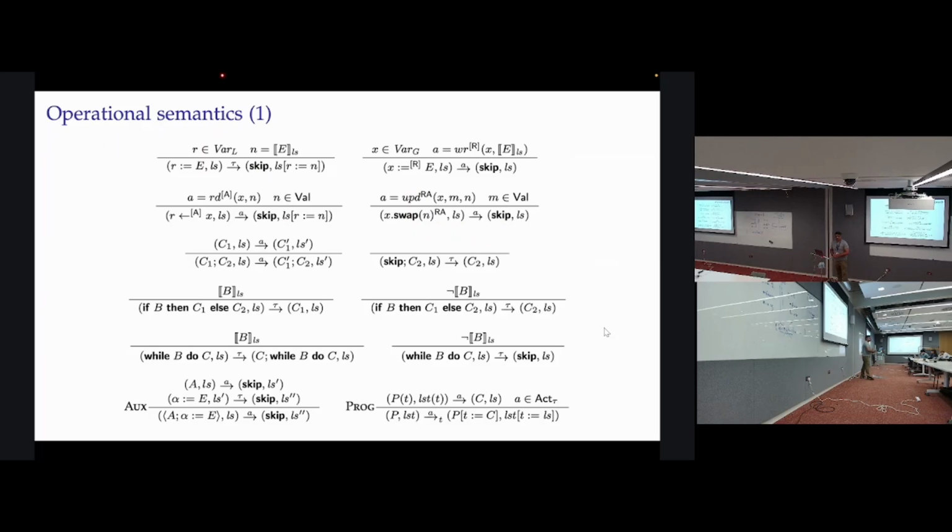Okay, so in the Hoare logic, we only had 2 things to worry about. We had skip and assignment, right? Those were our 2 atomics. And now we really do care if in this atomic statement we're performing some kind of globally visible action.